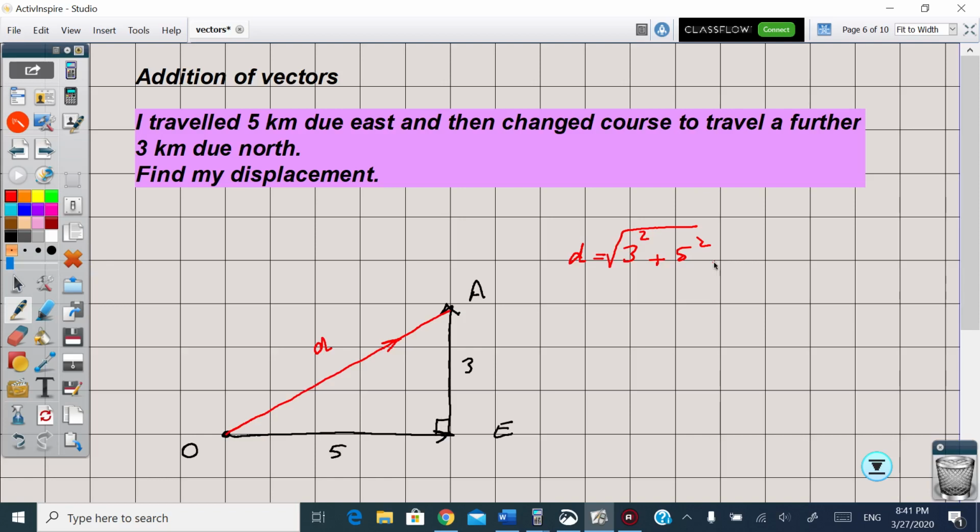This is 25 plus 9, so this is root 34. And this is your answer. This is exact, but if you want to calculate it in numbers that we can understand, then root 34 is 5.83 kilometers.